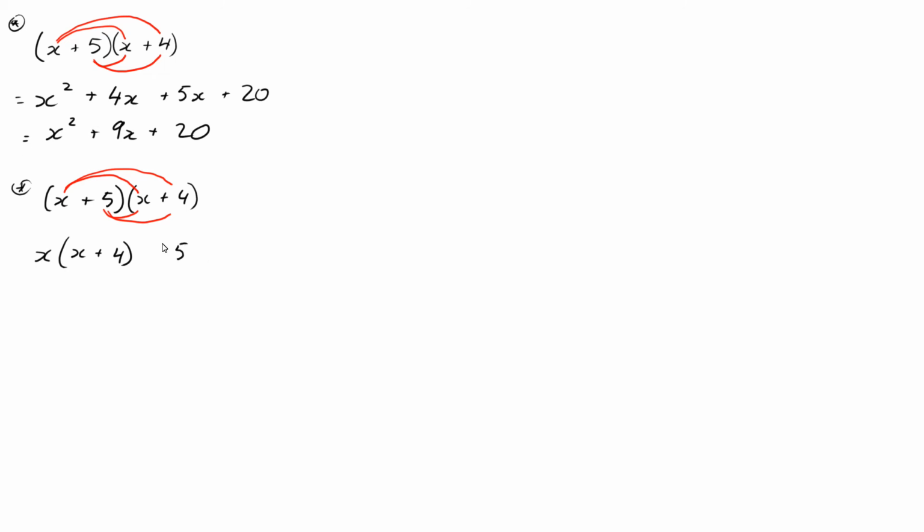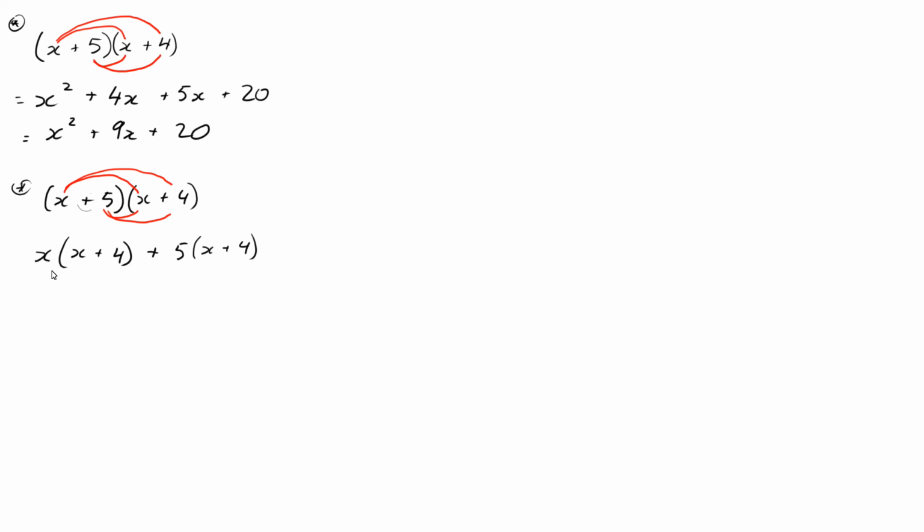The 5 times x plus 4. Now what goes in between these two is basically whatever this sign is, so it's going to be plus. And then pretty much what we've got is an expansion of the binomial products, which we can then use the distributive law for each term.